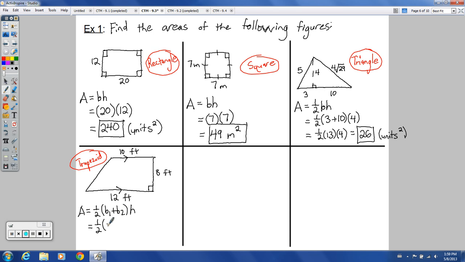We've got 10 plus 12. We have that inside the parentheses here times 8. So we're going to have 1/2 of 22 times 8. Half of 22 would be 11. 11 times 8 would be 88. And this one does have units, so we need to include those. It's feet squared.